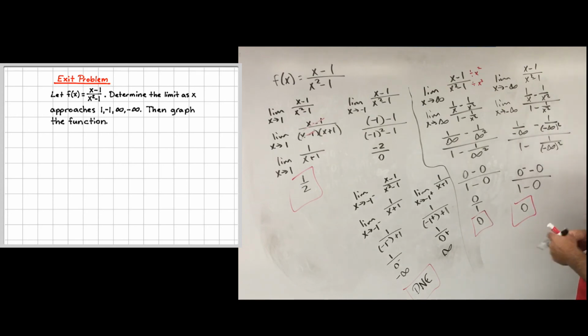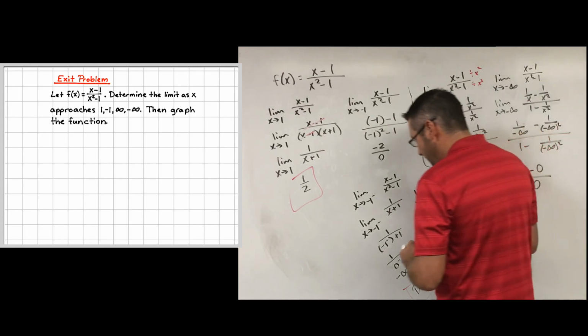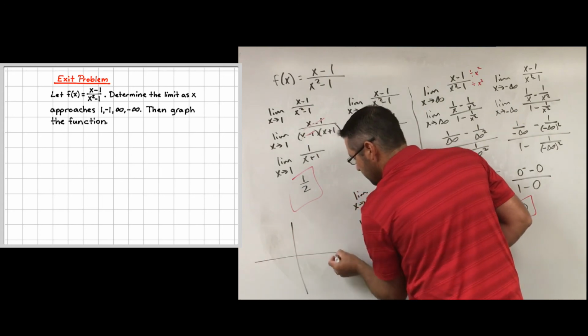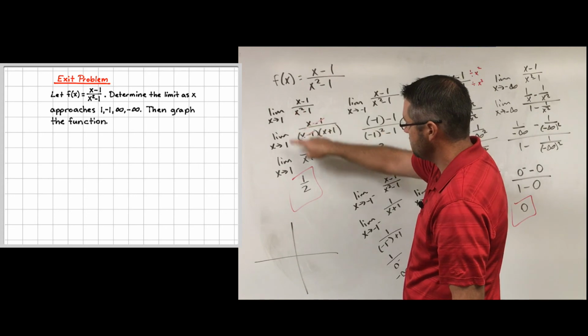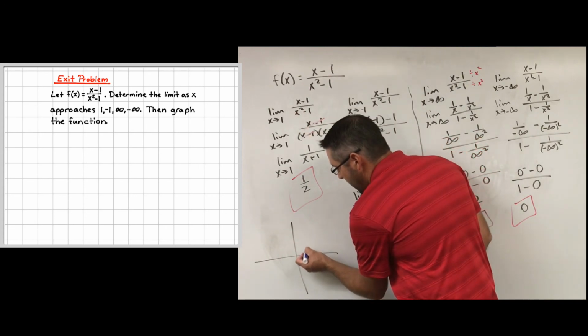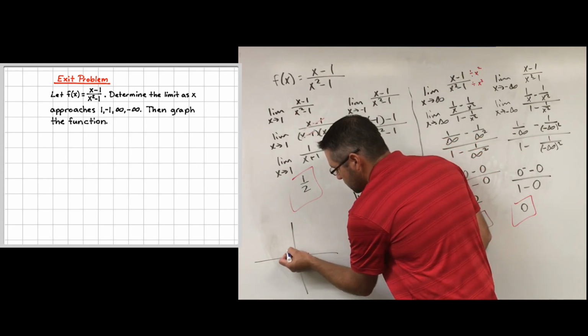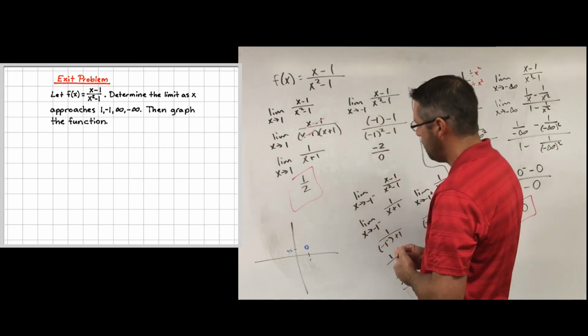Okay. So now we have everything we need to graph this function. We know that the limit as x approaches 1 is 1/2, so we'll say that this is 1/2, and this is 1. We know it's got to go through that point.